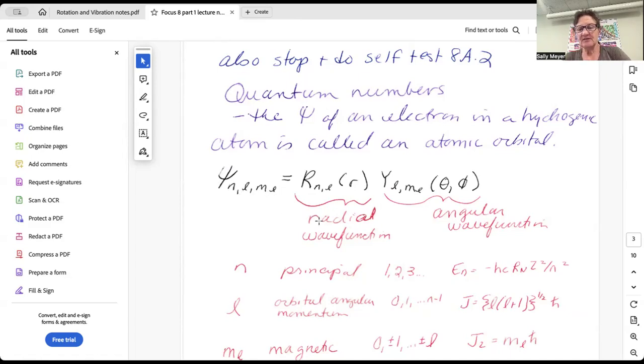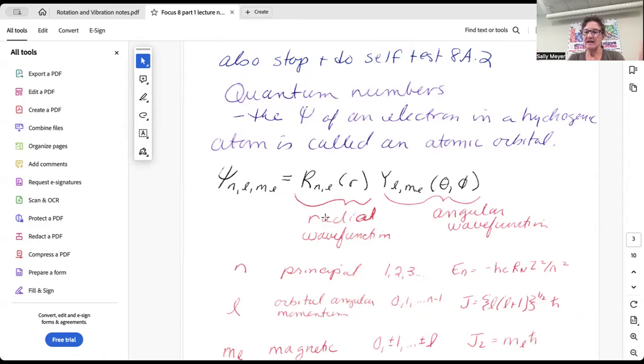And in order to solve the problem, as I said, the potential energy is only a function of R, not the angle. So we can pull Schrodinger's equation apart and we can solve the R part separate from the angular part. The angular part we already solved when we did three-dimensional rotation. So those were the spherical harmonics.